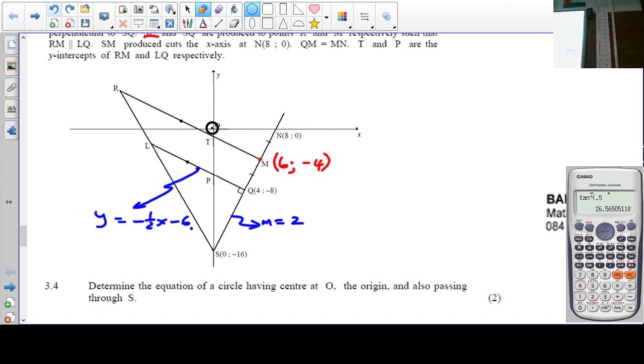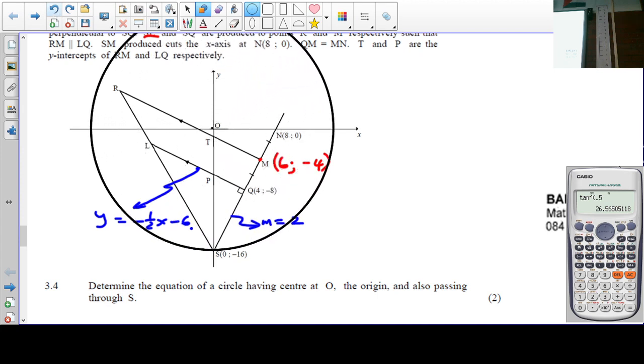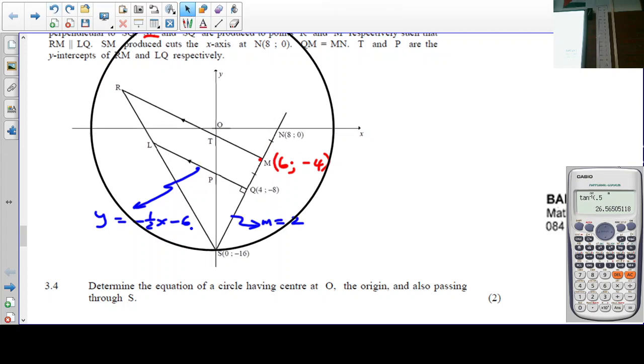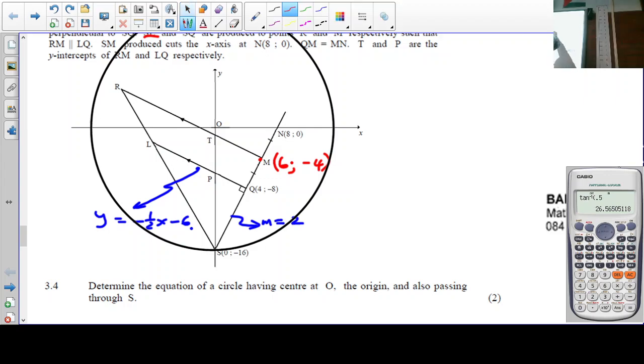So that's basically what you have to see. So the equation of the circle with center at origin will follow the formula, x squared plus y squared is equal to r squared.